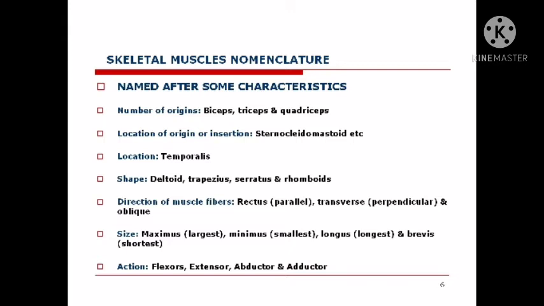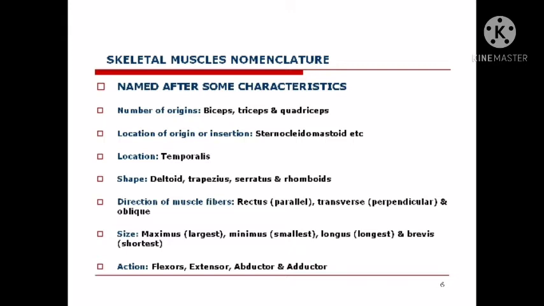And the oblique, external oblique, for example, is also a muscle of the anterior abdominal wall. So rectus abdominis is an example of the rectus muscle, and transversus abdominis of the transversus muscle. The fibers run perpendicularly, and in the oblique the fibers run obliquely toward the insertion site.